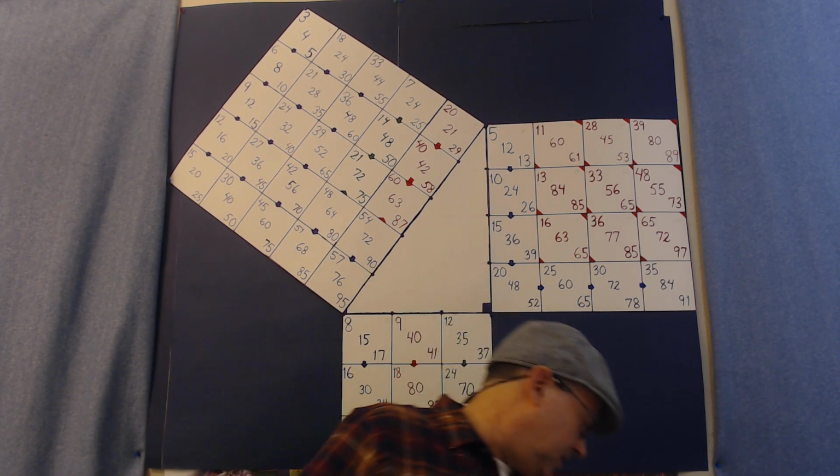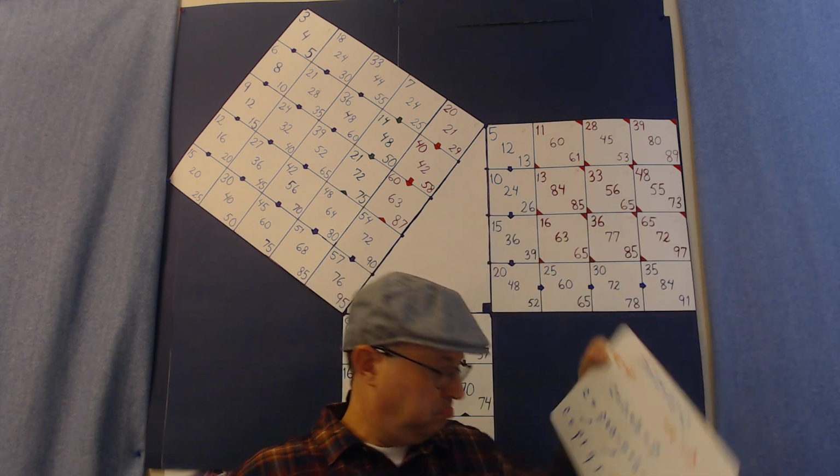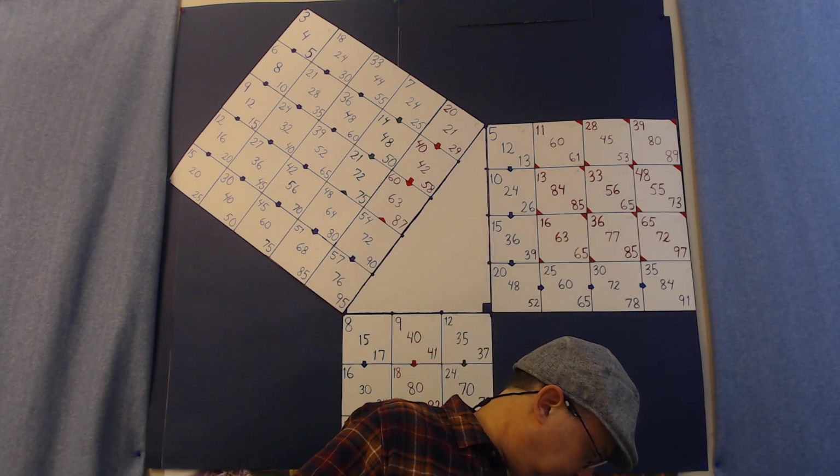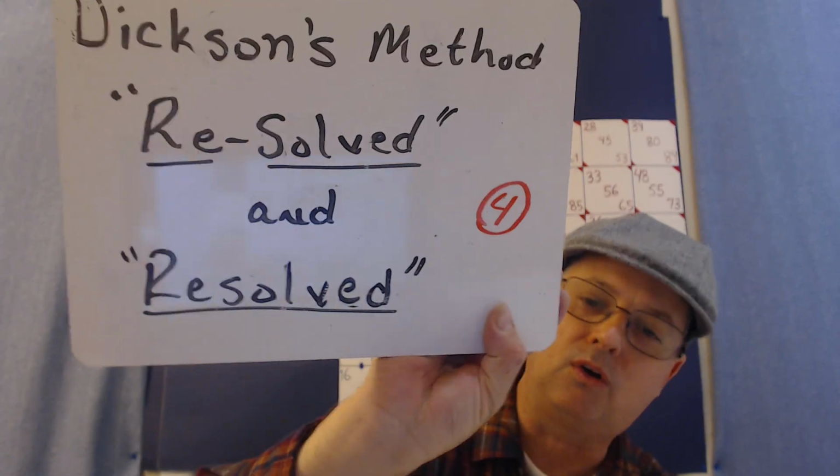Just find P according to A plus B minus C. That's it. Okay, that's Dickson's method, resolved and resolved. No more to say about it, but I'll probably find some ways to say more.